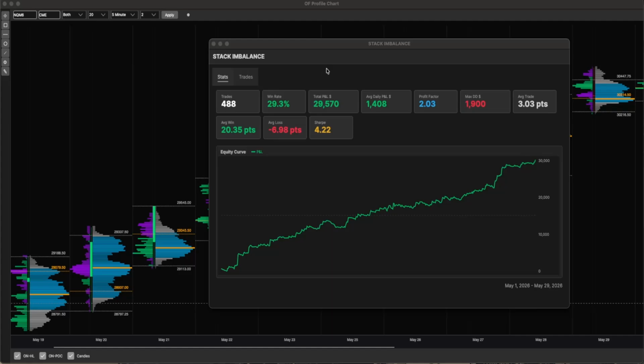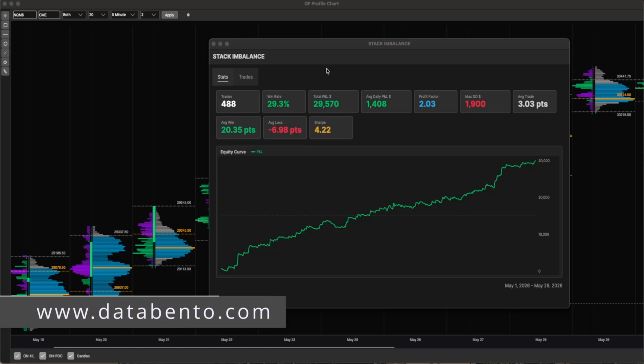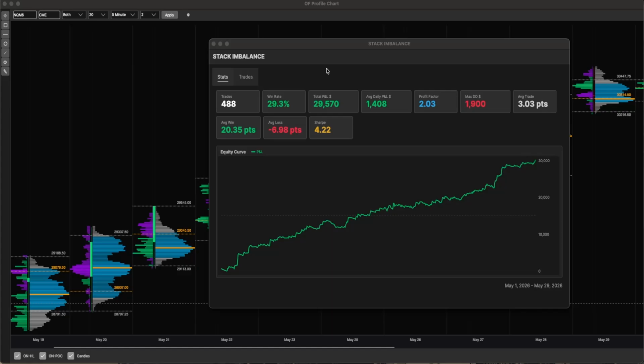I'm using MBO data, market by order data from Databento, for the NASDAQ, the ES, and gold. I'm using good quality data. The reason I built my own backtesting engine is that I need something that can do tick for tick data. So let's take a look at the actual trades.